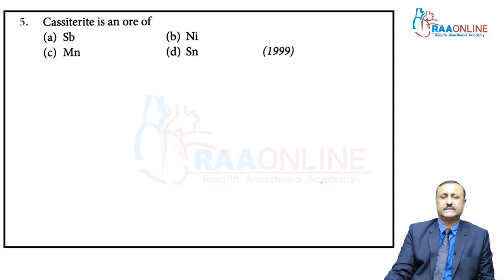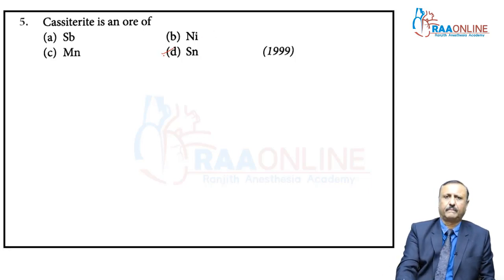Here, cassiterite is an ore of tin. Cassiterite is the ore of tin.